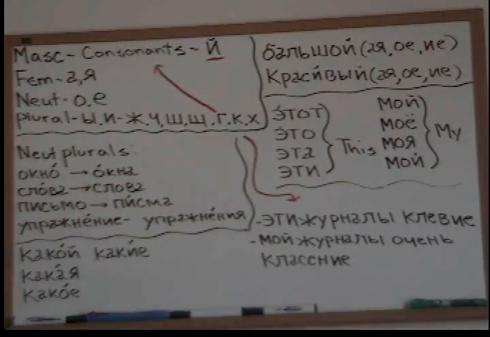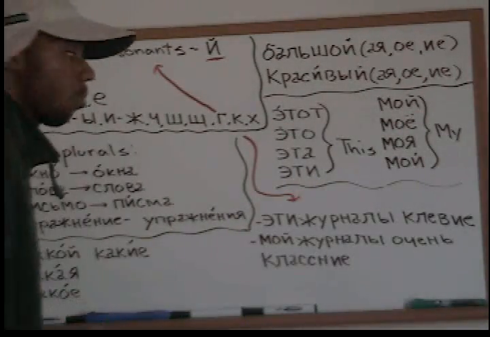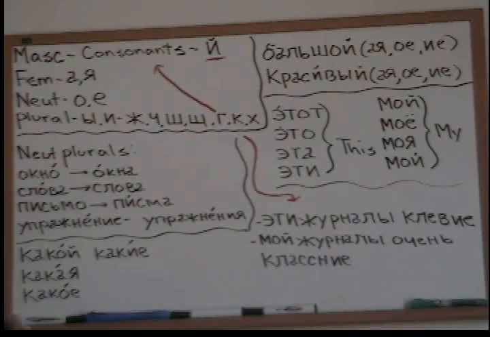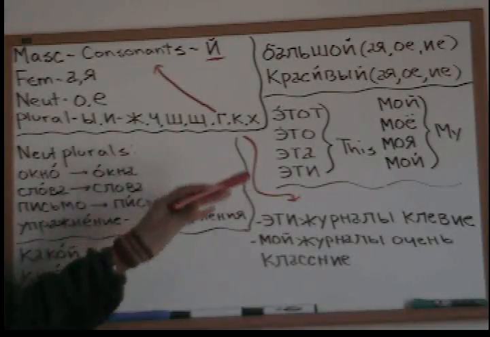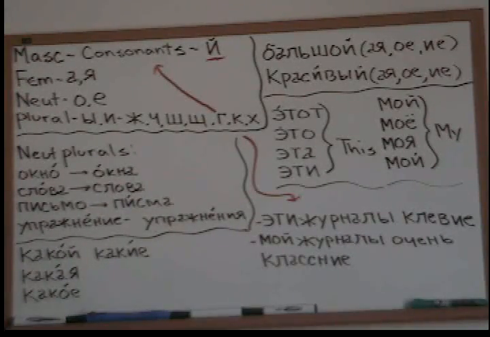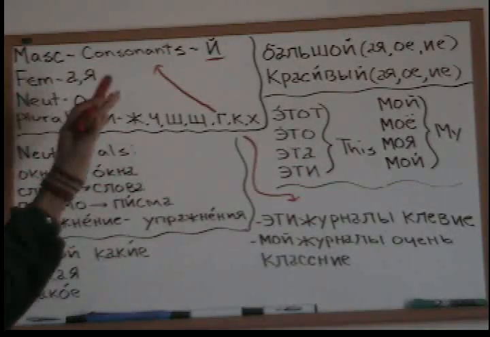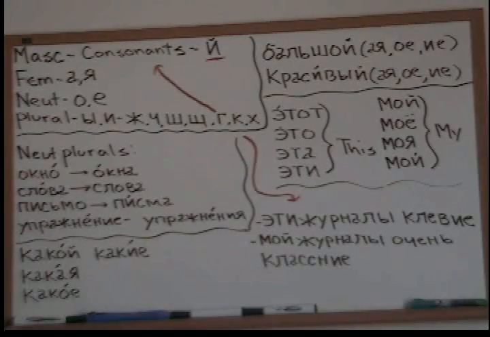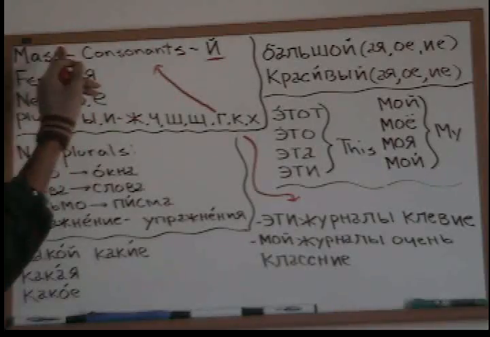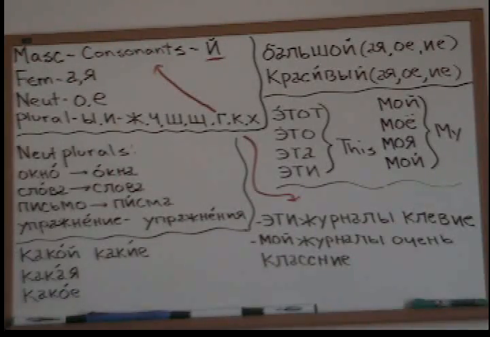I know we don't like grammar, but in Russian these are basic rules you have to know. I don't like focusing on grammar myself, but this stuff is important. You have to have some basic knowledge of it. So, masculine ends with a consonant or 'i kratkoye'.